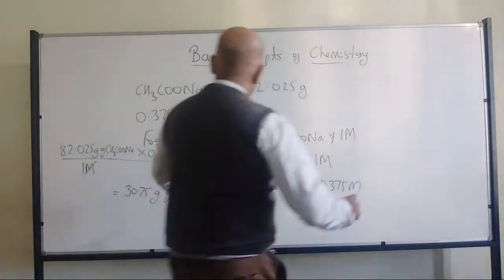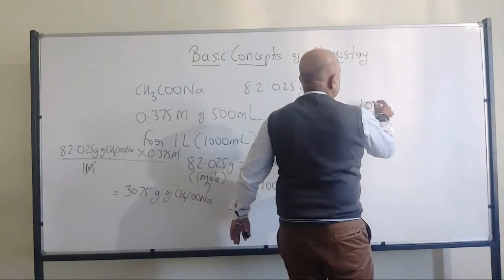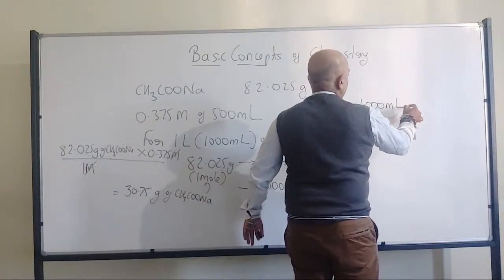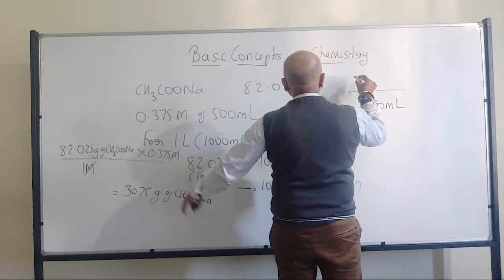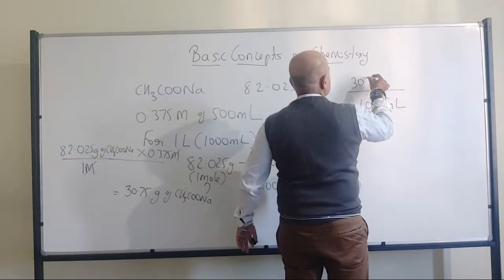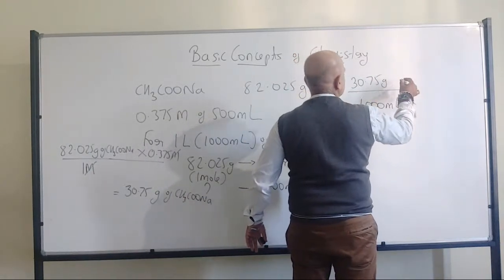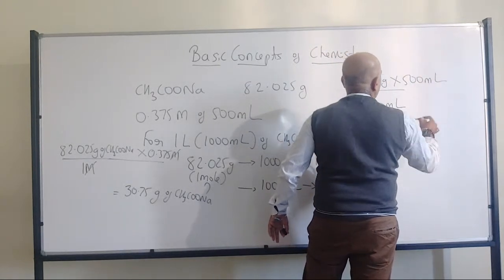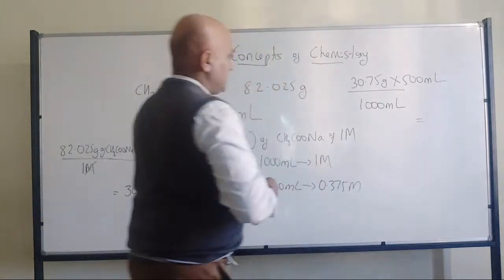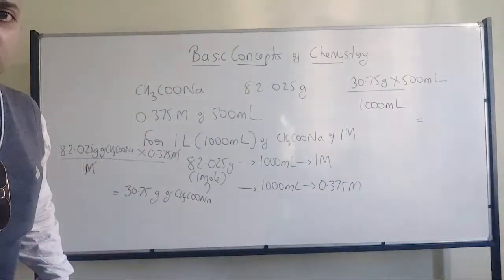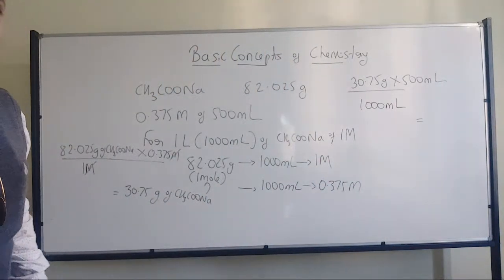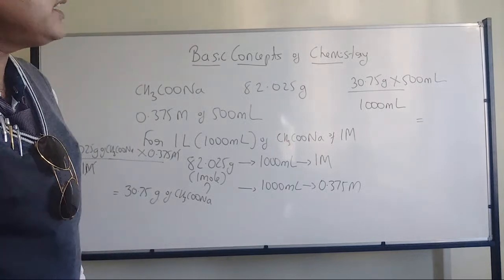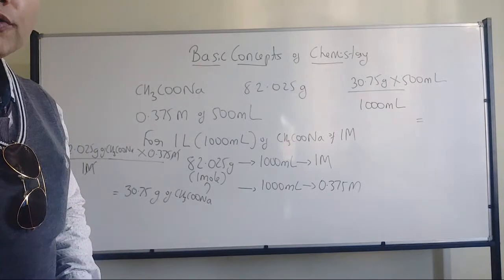Or we can say that for 1000 ml, it is 30.75 grams. For 500 ml, how much will it be? So what will be the final answer? It will be 15.37, no doubt.